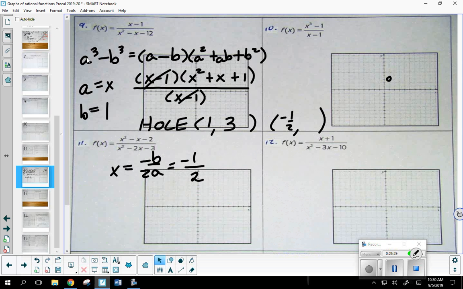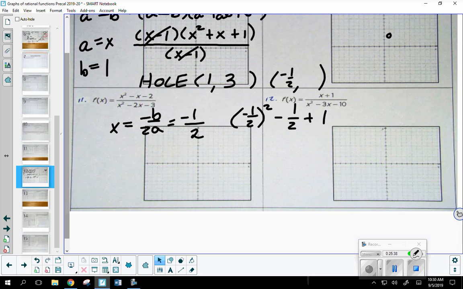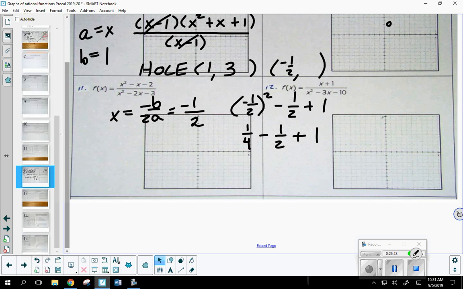All right, so let's plug it in. x squared, that would be negative 1/2 squared, plus x, so minus 1/2, and then plus 1. Let's simplify it. Negative 1/2 squared is 1/4. Minus 1/2 plus 1. Now we do need a common denominator.